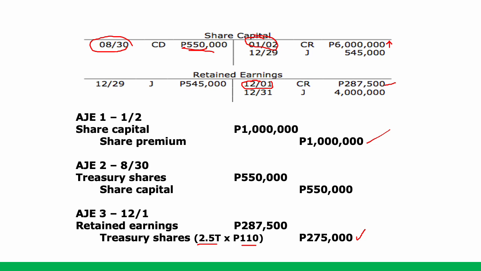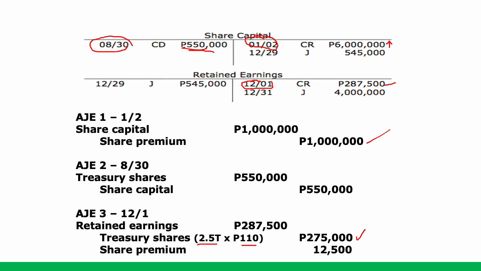And the excess of 287,500 over 275,000, which you were already able to compute earlier, is 12,500. Where should it be credited? Share premium treasury. Here in our illustration, we can just use share premium. So credit share premium 12,500.